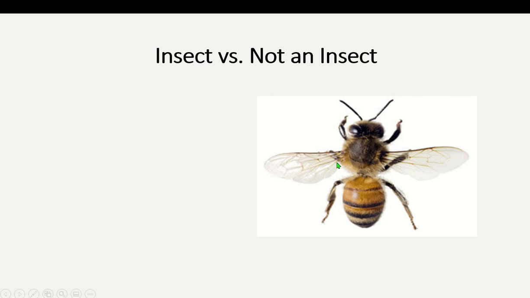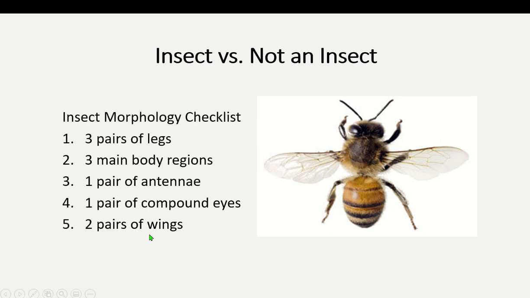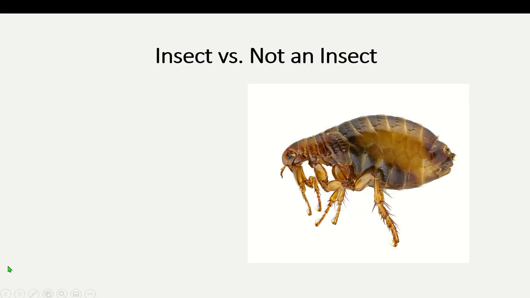I see 2 pairs of wings, which is a little difficult, but if you run along this margin here, that is the hind wing of the bee. This is the forewing. So they have 2 sets, 4 total individual wings, 1 set of antennae, 2 compound eyes, a head, a thorax, and an abdomen. So they have everything that was on the list in the previous slide.